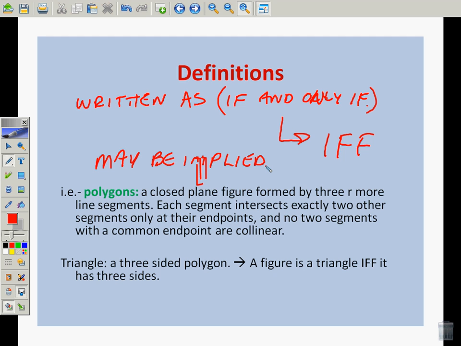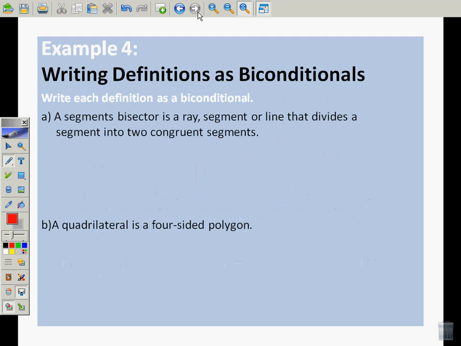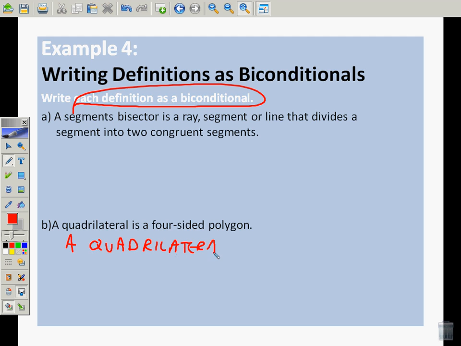I'm going to do B. Okay, so a quadrilateral is a 4-sided polygon. Let's write a definition as a biconditional. So a quadrilateral is a 4-sided polygon.